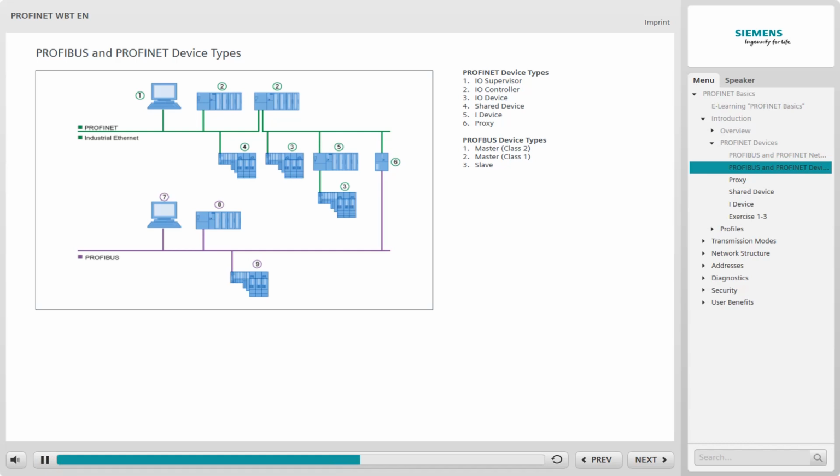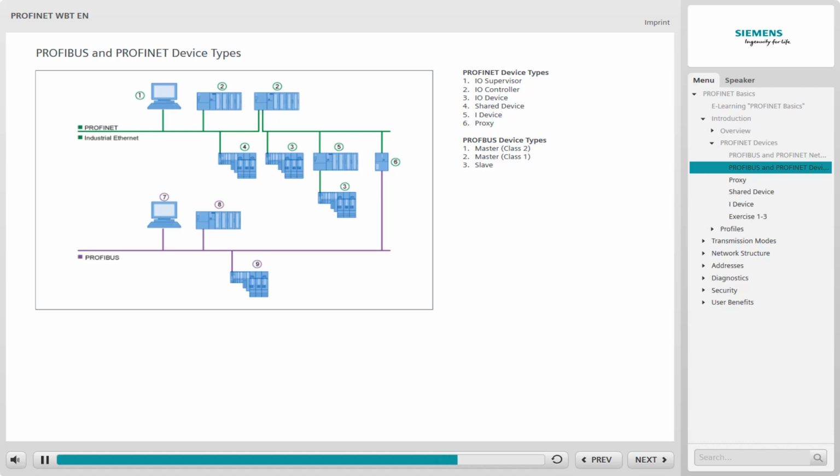By comparison, a PROFINET system includes at least one I/O controller with I/O devices assigned to it. The I/O controller is typically a PLC or other control system which configures the I/O devices and exchanges data with them, but does not control their communication. An I/O device is typically an input-output device connected to the process.